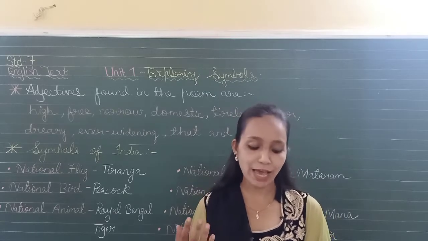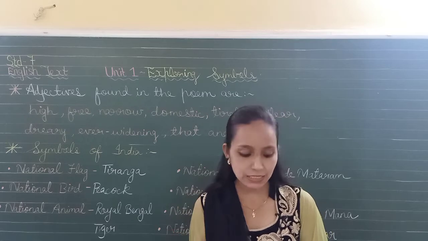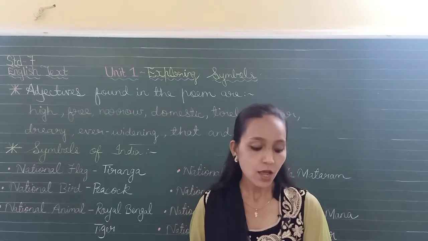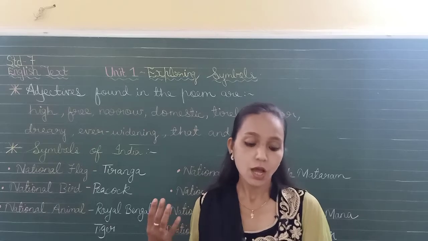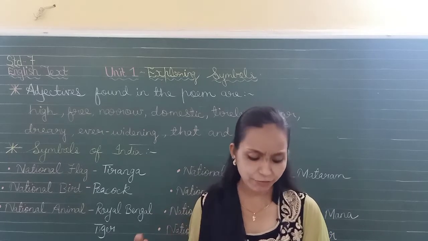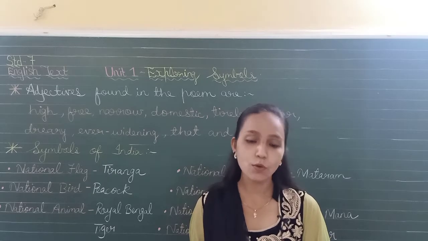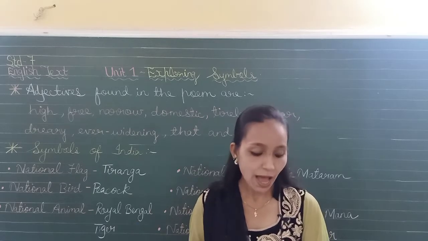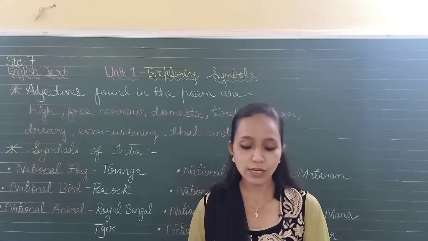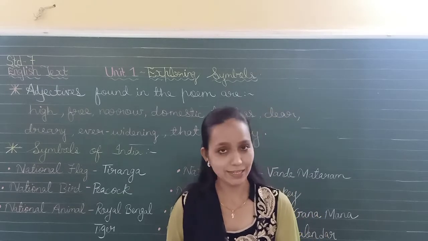Like I told you, fragments means pieces, striving means to labor hard or to work hard, dreary means cheerless, domestic means related to family affairs, tireless means without rest or sleep, and desert means a waterless or isolated area or land.